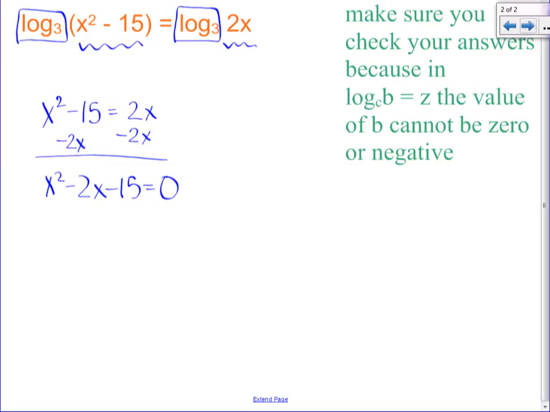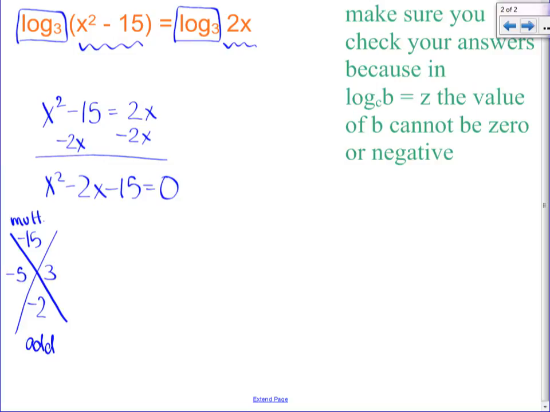So we draw our x. What goes on top? Negative 15, negative 2. What two numbers work? We need to multiply to this, and they need to add to be this. Negative 5 and 3 works.